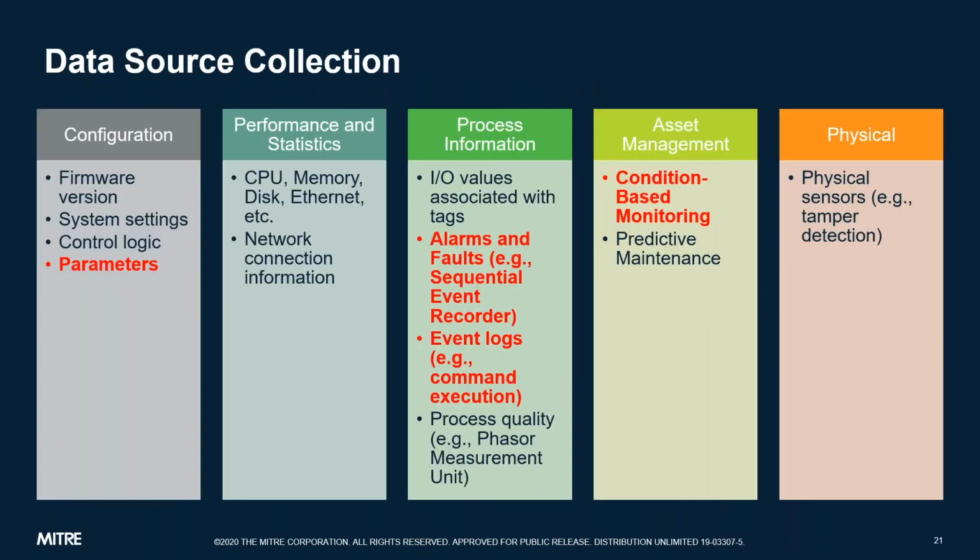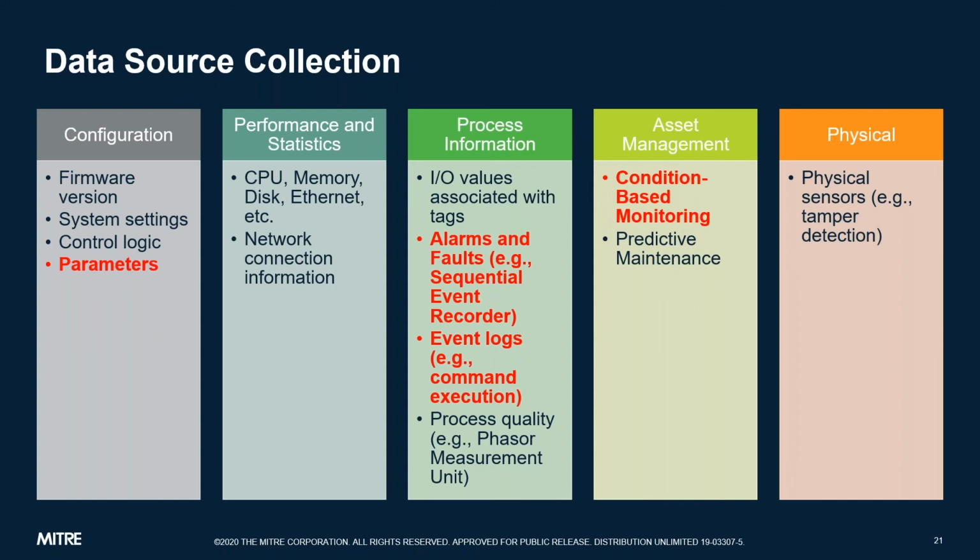So for this particular scenario that we looked at, the transformer overloading, we have a number of different data sources that give clues to our activities in the testbed environment, or if it was to happen in the real world, what the attacker has really done.